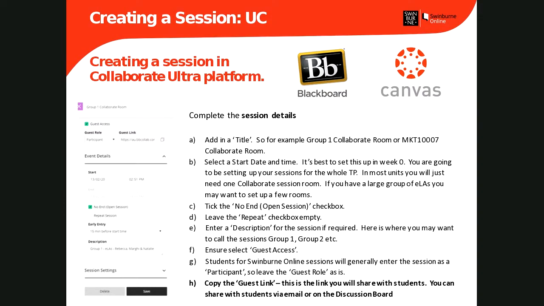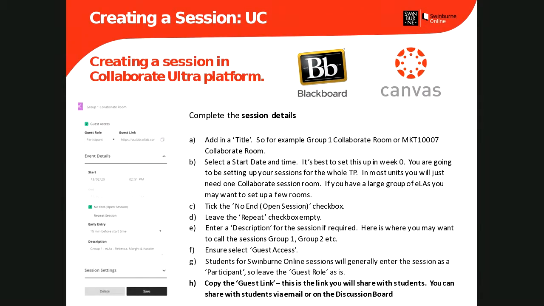So you're going to make sure that you select the guest access, which is the green checkbox at the top underneath the title there, and that's so that your students can come, and it's selected to participant. It will always default there, which is fine. Just leave it there, and you'll see that guest link appearing there. That's what you're going to copy and paste on your discussion board and share with your students.